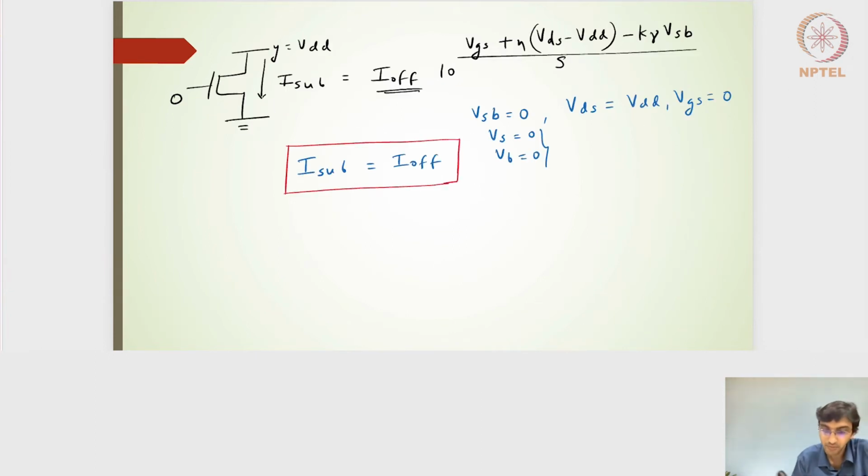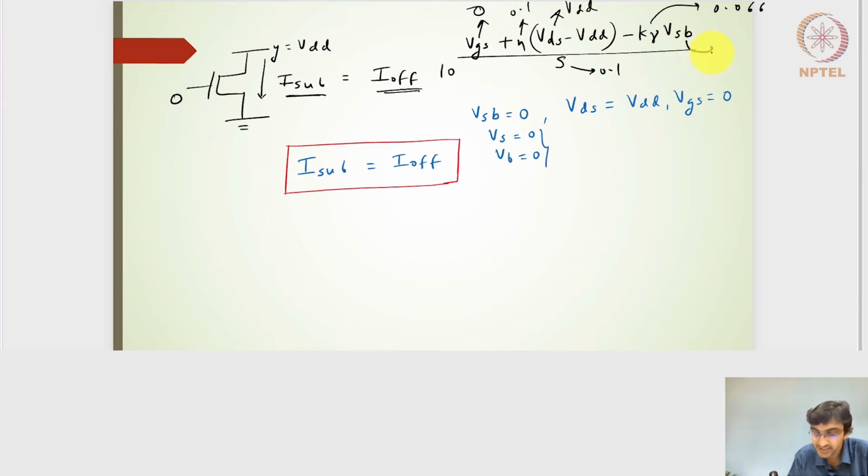Right, so let's analyze this single transistor and try to find the subthreshold leakage current. In this NMOS transistor, we have VDS as VDD and VGS as 0. If I put it in this expression of 10 raised to the power, VGS is anyways 0. Eta, we know, is 0.1, S is 0.1, K gamma is 0.066, and VDS in this case is nothing but VDD.